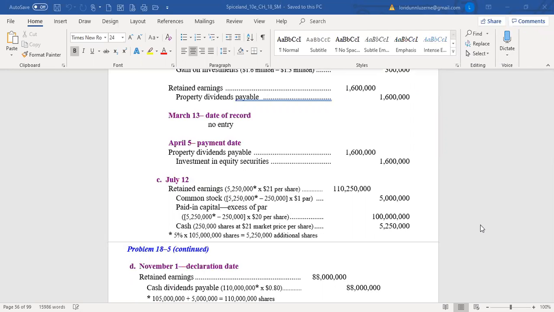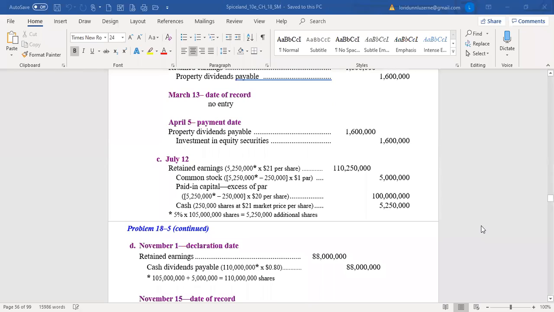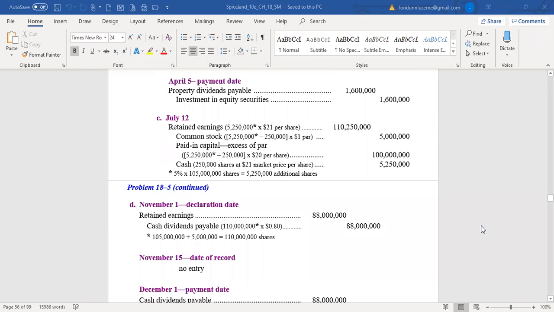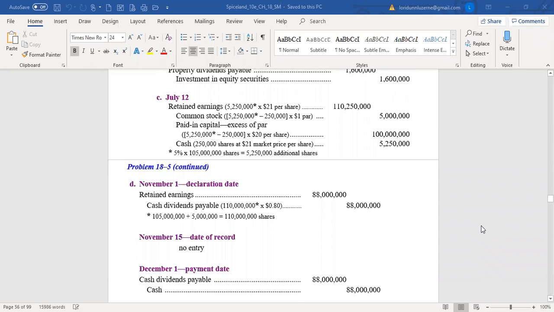So now when we calculate the cash dividend, we're going to take 110 million shares times the 80 cents a share. Still debit retained earnings for the 88 million. Credit cash dividends payable, 88 million. The date of record, there's no journal entry. The date of payment, debit cash dividends payable, credit cash, just like we did in that very first transaction.